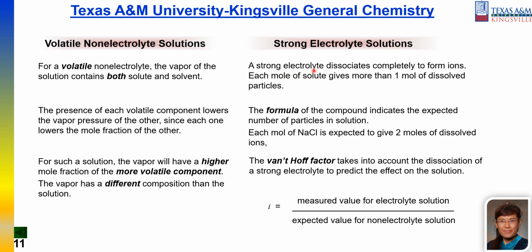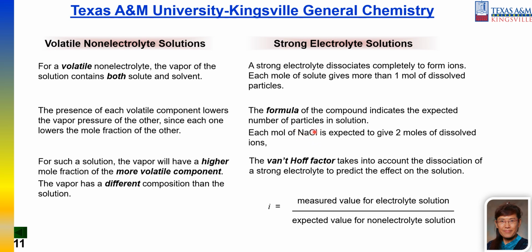If you have a strong electrolyte, this strong electrolyte dissociates completely into ion forms. So in this case, you are going to calculate a van 't Hoff factor to do the correction. Assume you have your formula. You assume this formula gives the expected particles, such as sodium chloride.